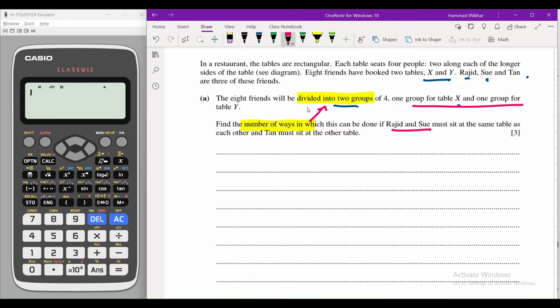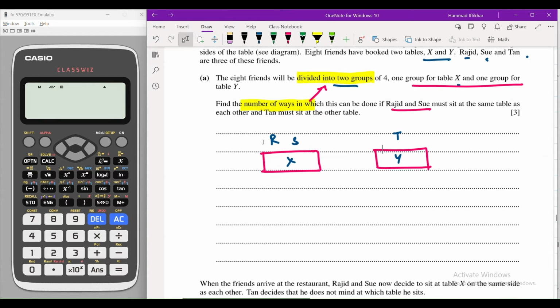So what we do over here, let's redraw this. We have 2 people booked or already selected for table, let's call that table X, Y. Rajat and Sue, let's say for example, they have already been selected and Tan is on this table.